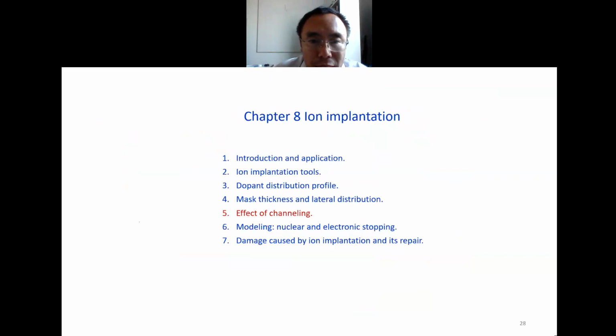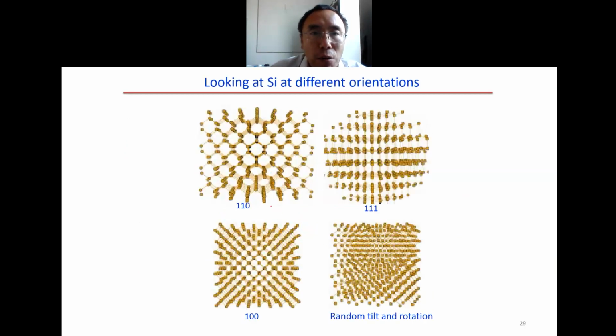So now we look at the channeling effect. If we look at the silicon lattice at different orientations, this is along the 110 direction, 111, 100. You can imagine that if the ions penetrate, they get along the channel, and there may be some effect. But for this one, with random tilt and rotation, there will be no channeling effect.